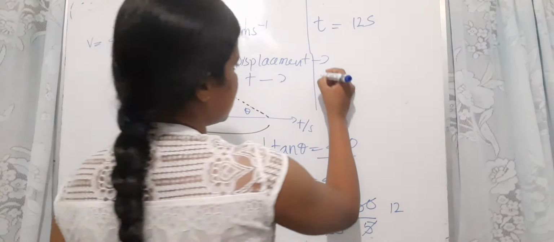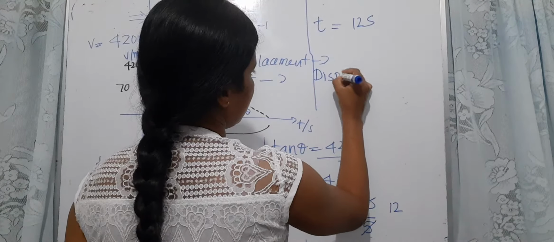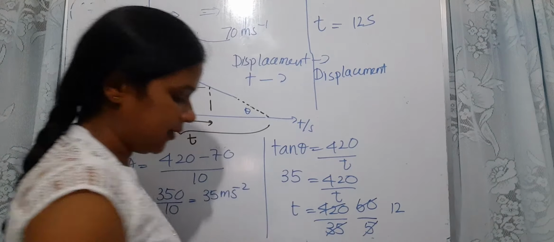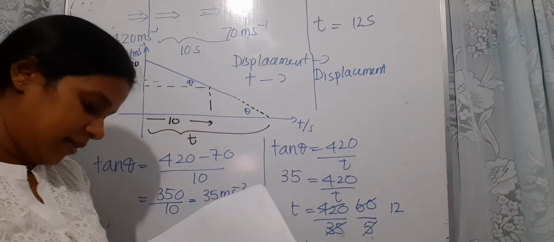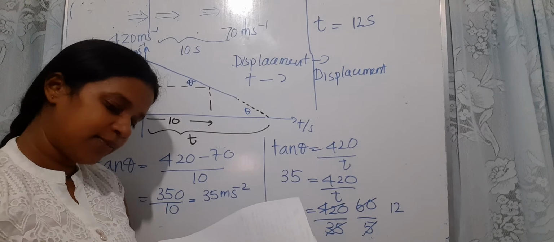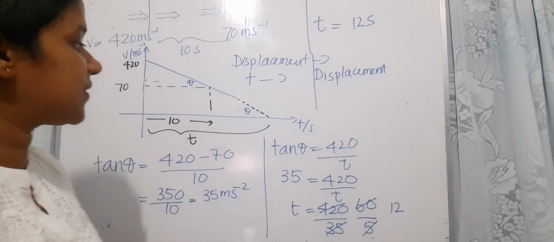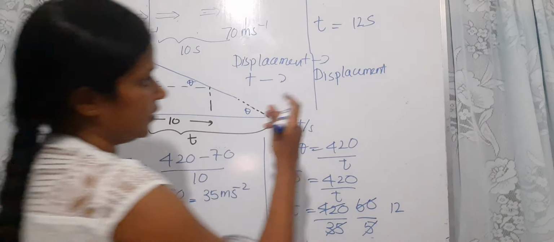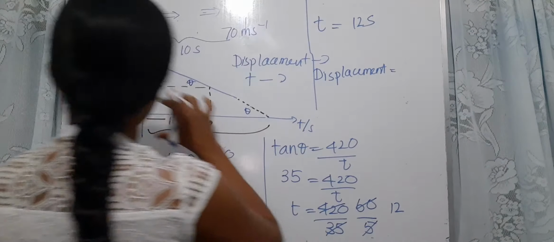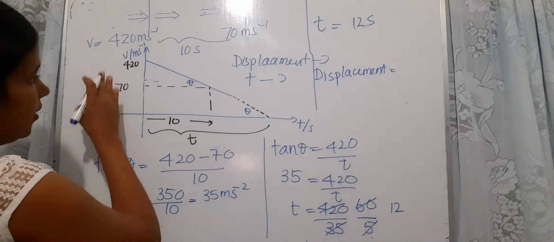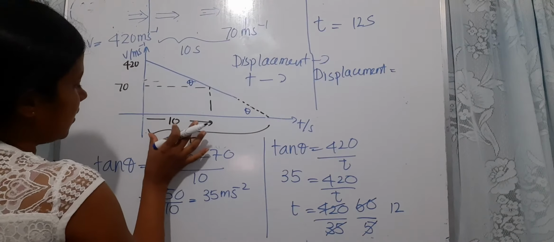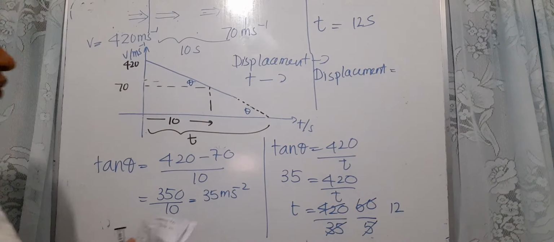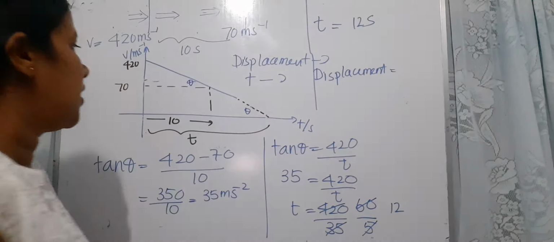Then displacement. The question here is how far the bullet will travel before coming to rest. Then after hitting the target, it spends this t time duration to come to the rest. So you have to find this area.